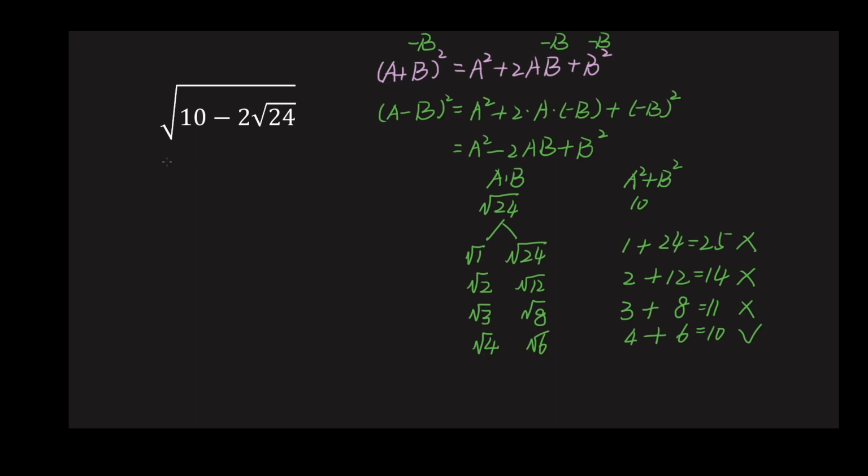And we can use it to rewrite the expression. That is square root of square root 4 squared minus 2 times square root 4 times square root 6 plus square root 6 squared.